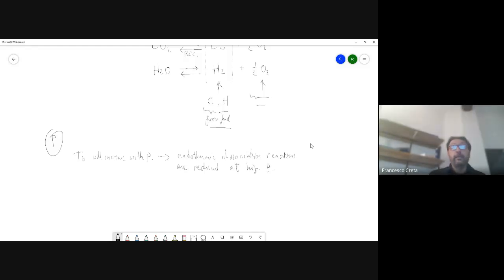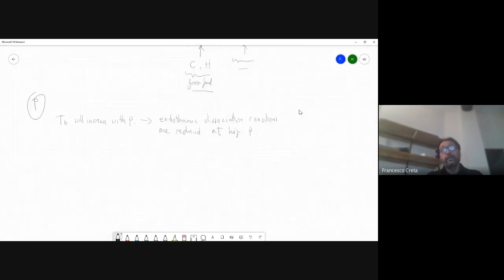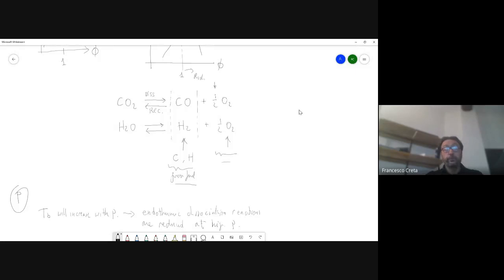So if you increase the pressure, you decrease the number of dissociation reactions, and therefore, because the dissociation reactions are endothermic, you decrease the amount of endothermic reactions that you have. And so the temperature goes up. Now, we have all the means to see this also analytically.